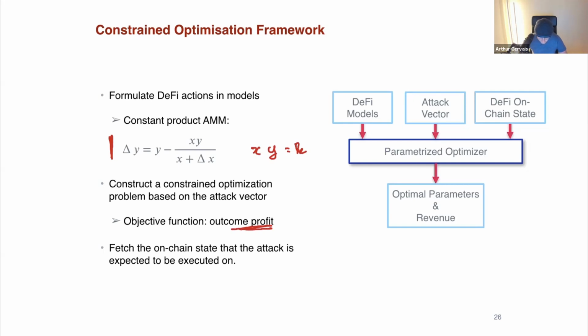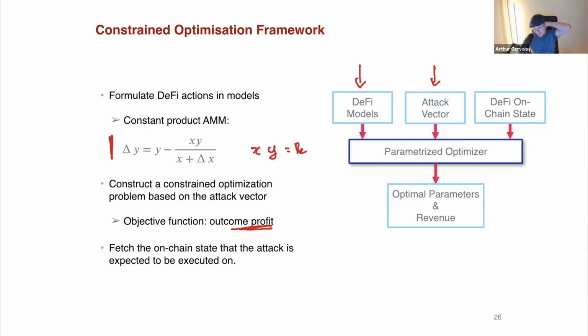What we then do is fetch the on-chain state that the attack is expected to be executed on. You can do this by having, for example, an archive node and fetching a particular state of the past blockchain. So on a high level, we have DeFi models and we have the given attack vector. I assume here that you have some way of finding this particular attack vector.